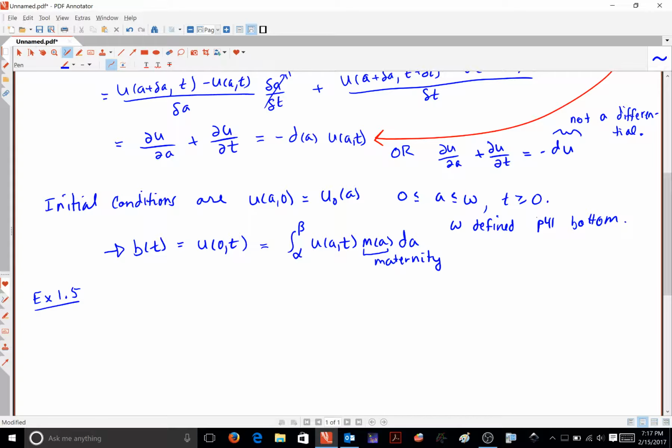We're going to solve the McKendrick equation, 1.11.40, which is our partial differential equation that we had, this one right here. We're going to solve that equation with this initial condition and the initial condition 1.11.41, which are these conditions right here, to obtain an equation given in 1.10.35.